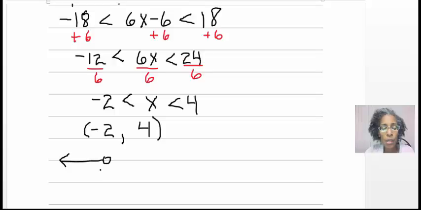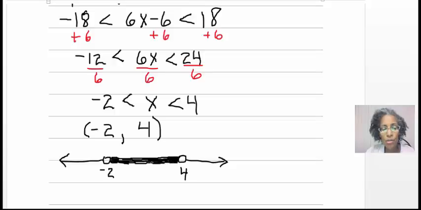So if I do a number line picture of this solution set, neither the negative 2 nor the 4 is included, and I simply shade in between, so all numbers that lie in between negative 2 and 4.